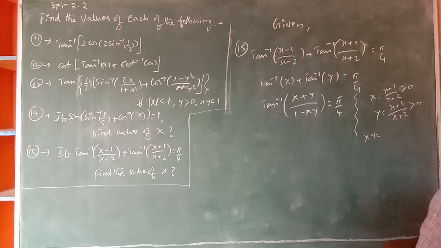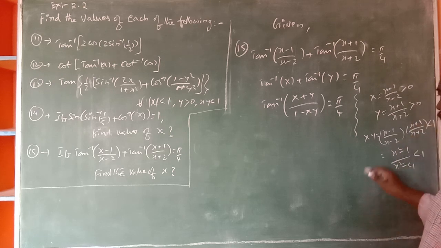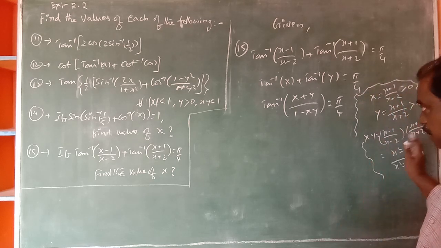X into Y is (x minus 1)/(x minus 2) into (x plus 1)/(x plus 2), which is also less than 1, because it is (x square minus 1)/(x square minus 4). But it is not needed, simply leave it out.